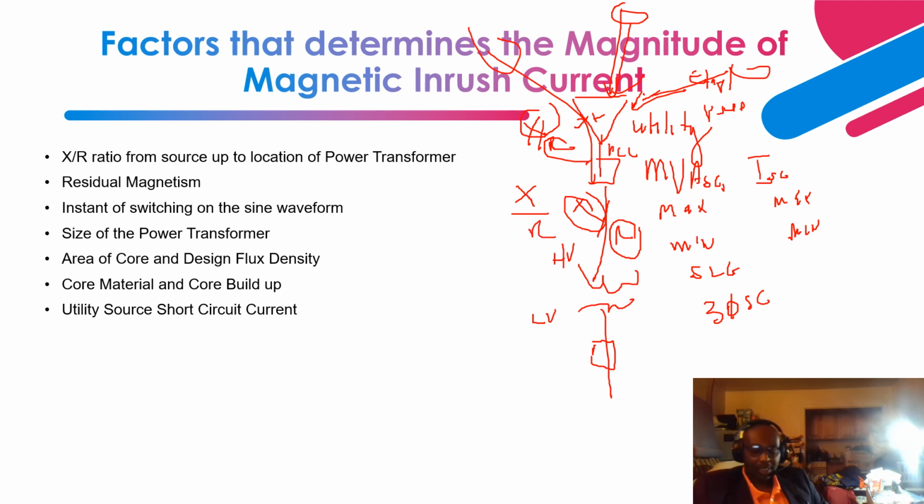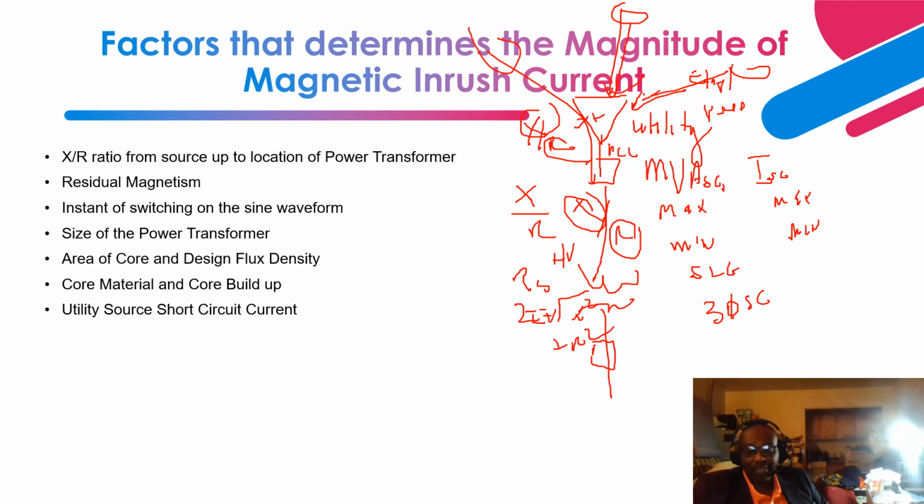Then within the transformer itself, the transformer has a high voltage winding and also a low voltage winding. This winding also has a resistive element, that's the winding resistance, and reactance elements from the leakage current, and also has an impedance, which is the square root of X squared plus R squared.